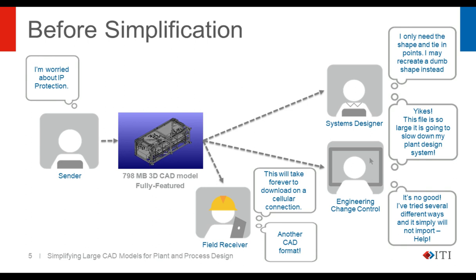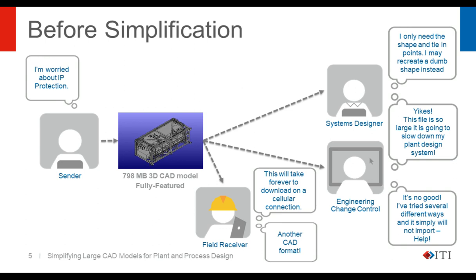And actually, all he really needs is the overall outside shape of the assembly and the key tie-in points and pipe connections. He may be driven, because the model is so large and so complicated, to redesign it and create a primitive model himself. The change control engineer or another consumer of the data, he might have tried several times in several different ways of importing the model into his plant design system, and it's simply too big.